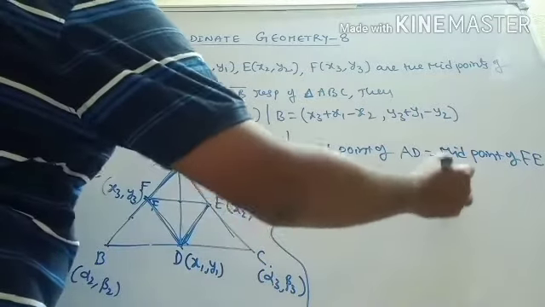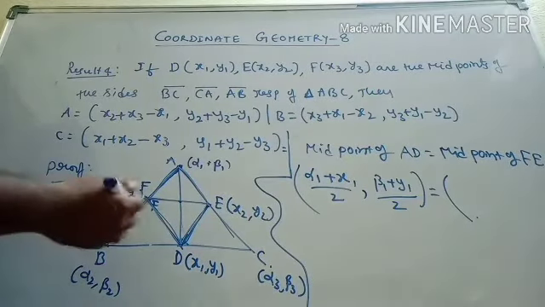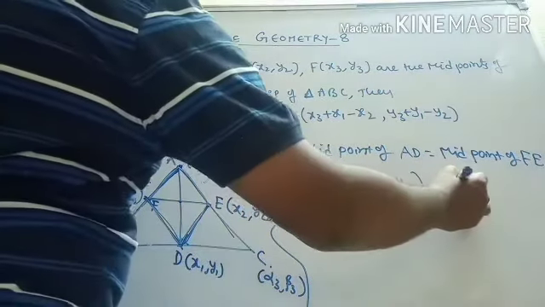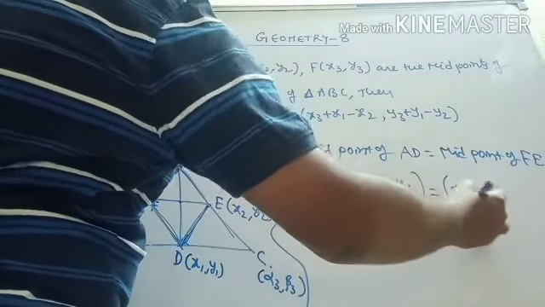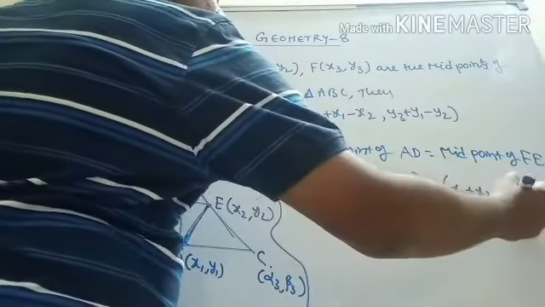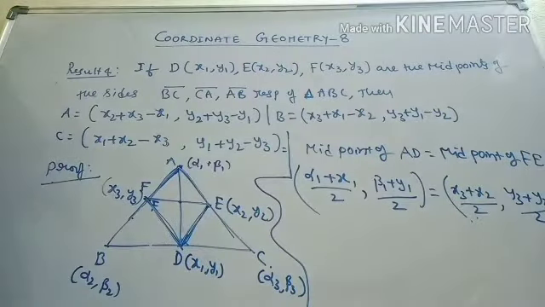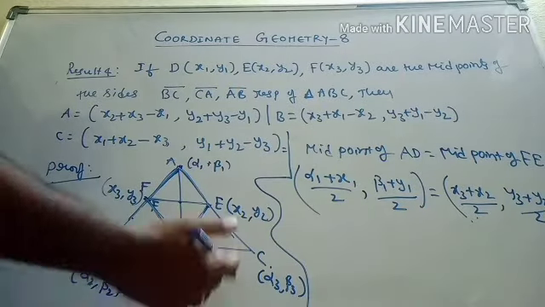This is equal to the midpoint of FE, which is ((x3 + x2)/2, (y3 + y2)/2). You observe, my dear students, we have got it like this.